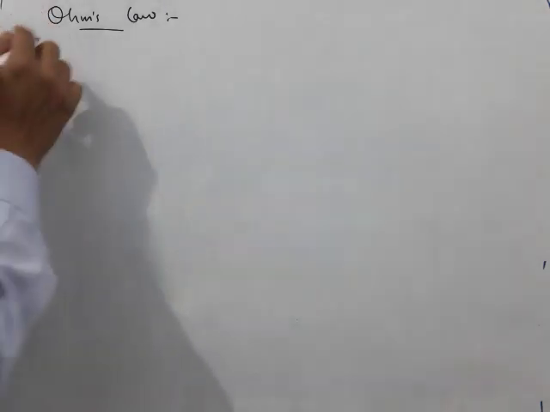Is that okay? The next topic that had been discussed with you was Ohm's law. So let me briefly recapitulate this also. This is a very important law in this particular chapter.